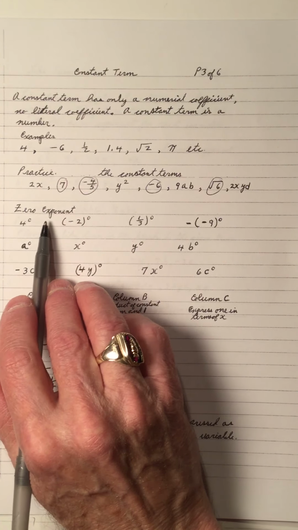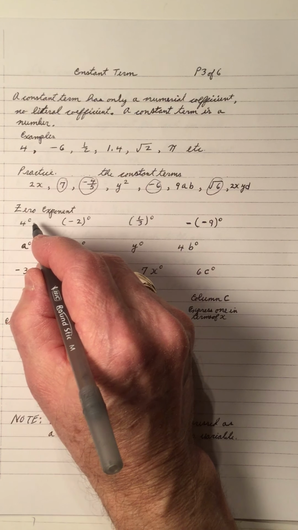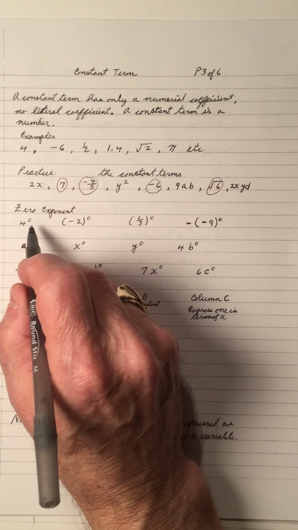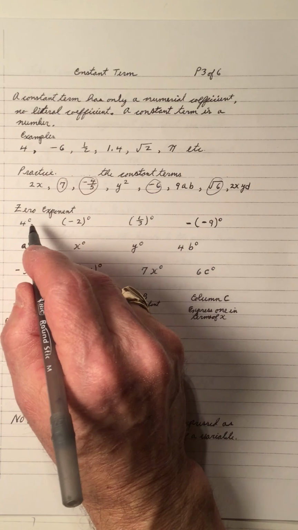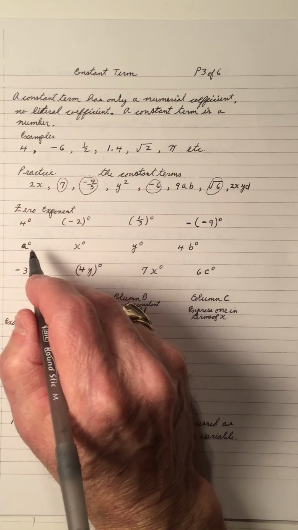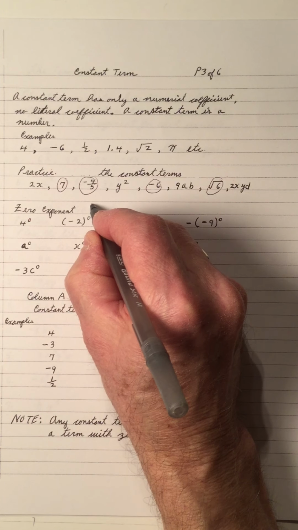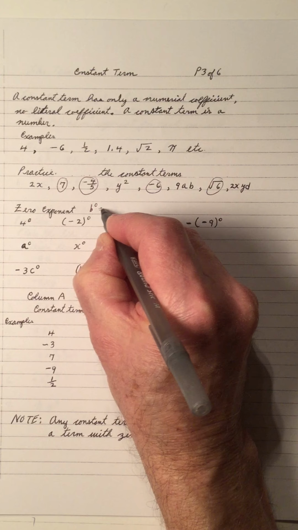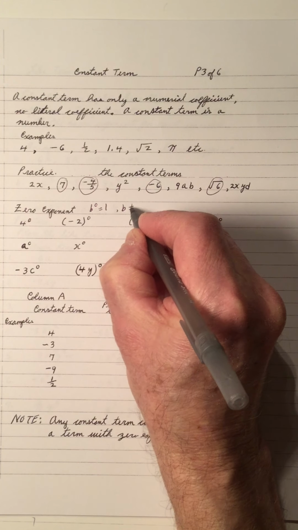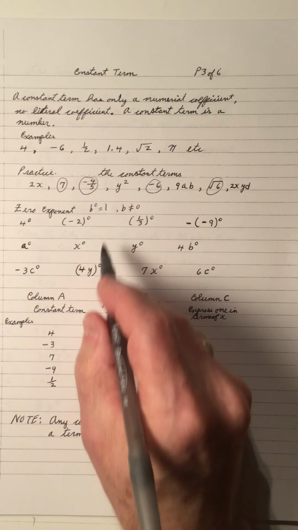What about a zero exponent? Remember we reviewed this when I did a section on exponents, exponential rules, and one of the rules we talked about was the zero exponent. So let's bring that back again. The rule is that b to the 0 equals 1, where remember b is not allowed to be 0, the base.